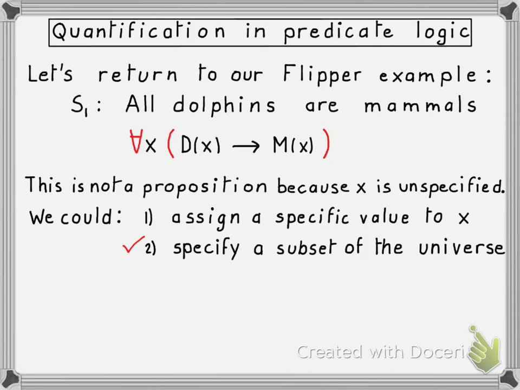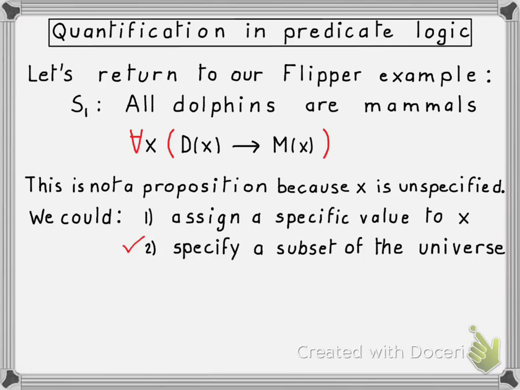And what that means is that now we're not stating that simply for an unspecified value of x, this proposition is true. What we're saying is it must be true for every single element in the universe. In other words, the subset of the universe that we're considering when we use this symbol is the whole universe.